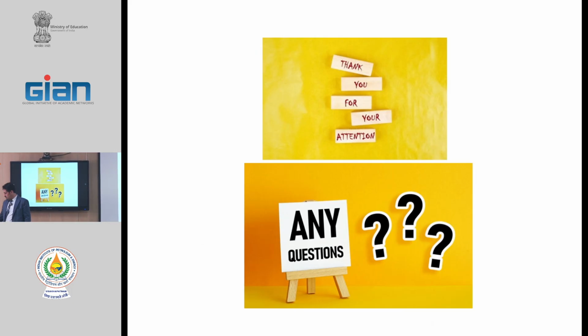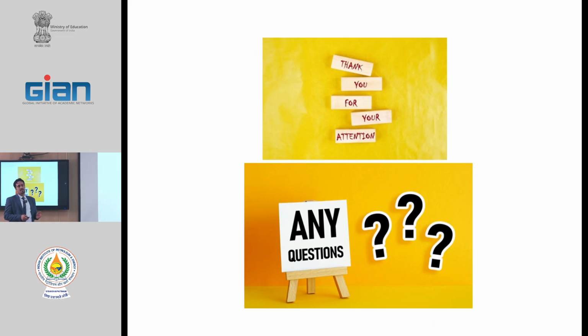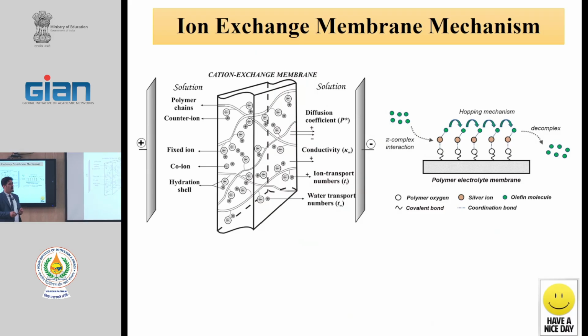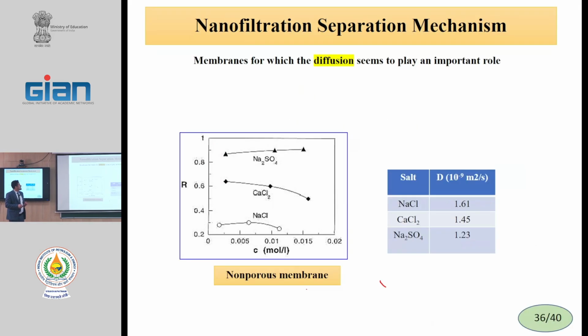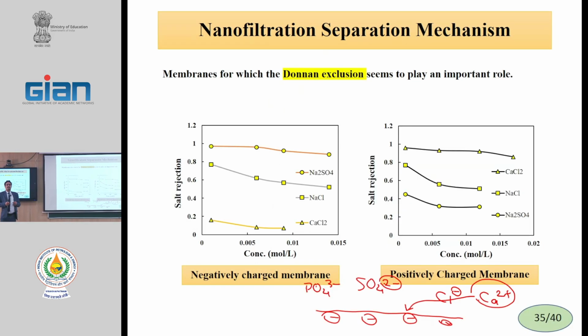About the Donnan exclusion, we can manage the charge of the membranes by selecting the polymers and functionality. Most of the polymers have negative charge, and this charge is also related to the pH. With a change of pH, the charge changes.